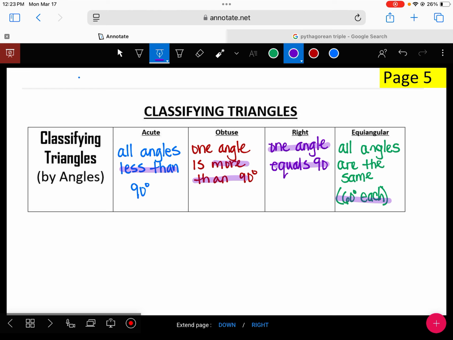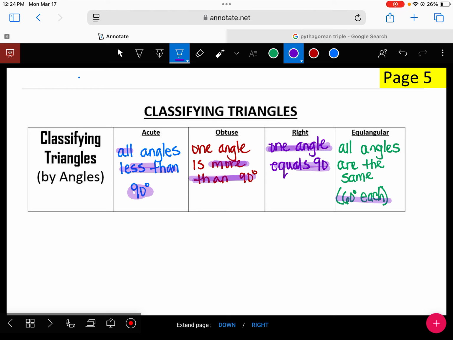When you're classifying a triangle, we can classify it by the measure of their side lengths and also the measure of the angles inside. If you have a triangle where all of the angles are less than 90 degrees, we call that an acute triangle. If one angle is more than 90 degrees, that's an obtuse triangle.